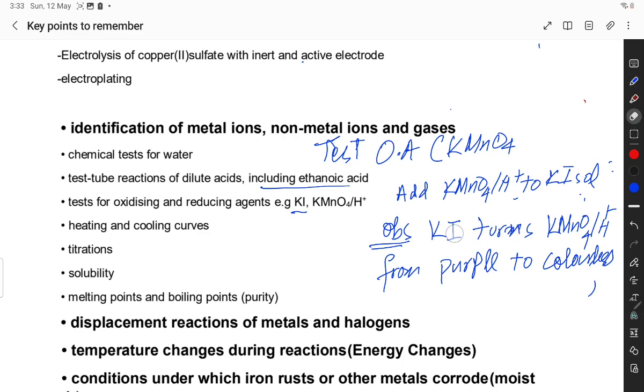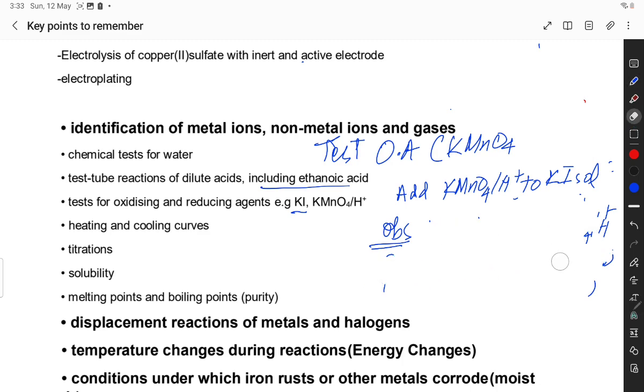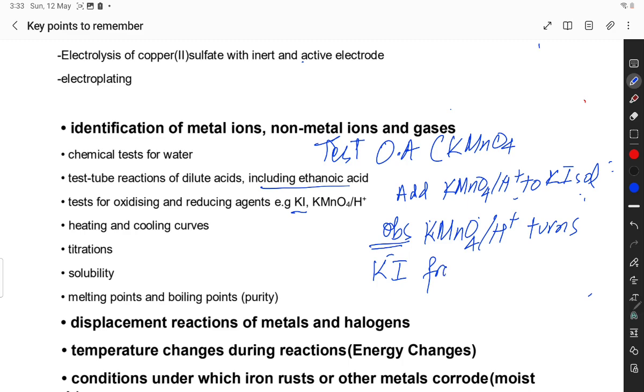The observation is that the KMnO4 turns the potassium iodide solution from colorless to brown.